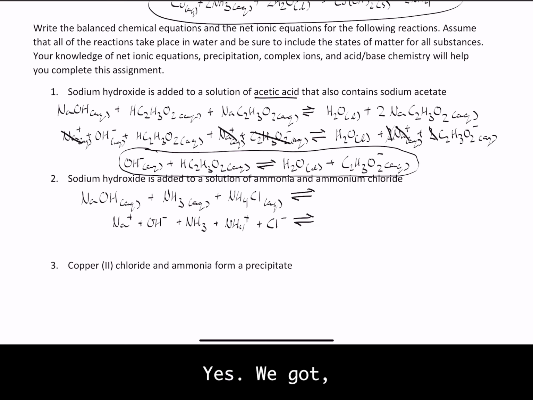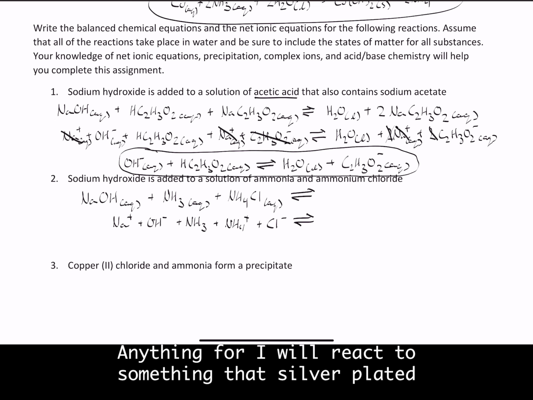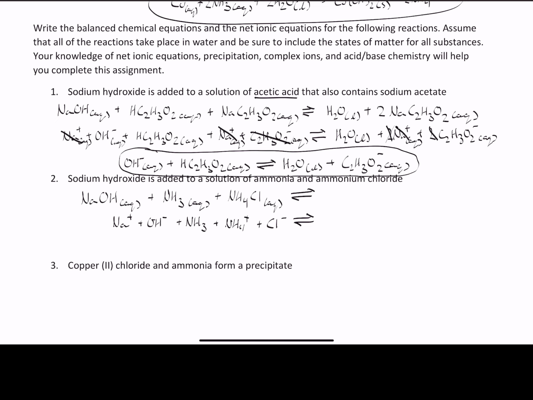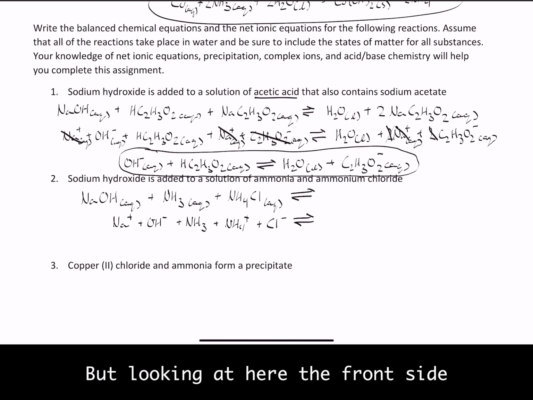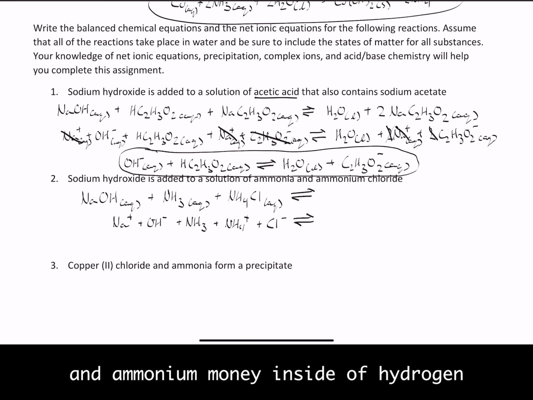Yes, so we got hydroxide. Sodium almost never does anything. Chloride will react with some things like silver and lead. There's another one I think, but I'm missing it. So we're probably not going to worry about these. But looking in here, hydroxide and ammonium.